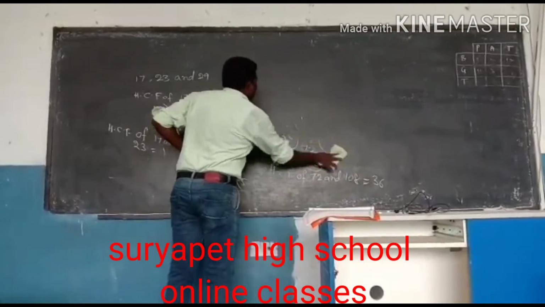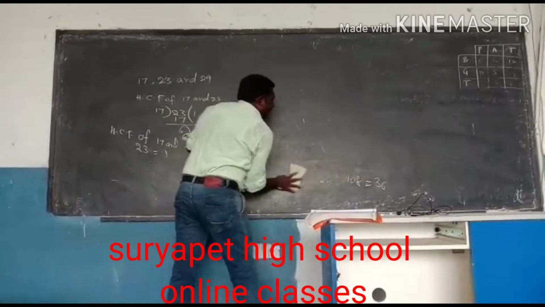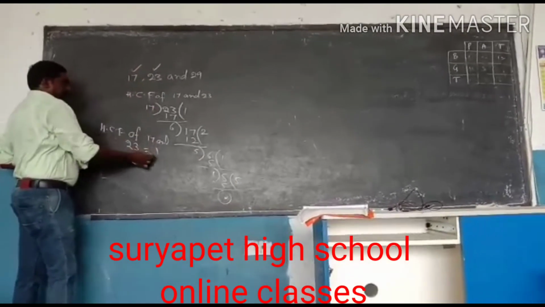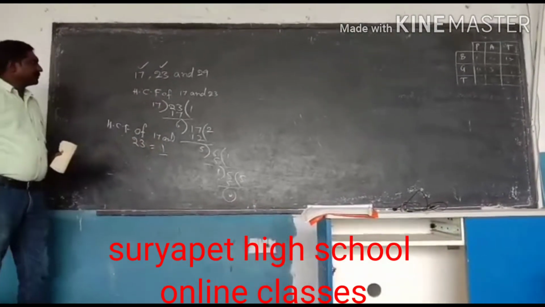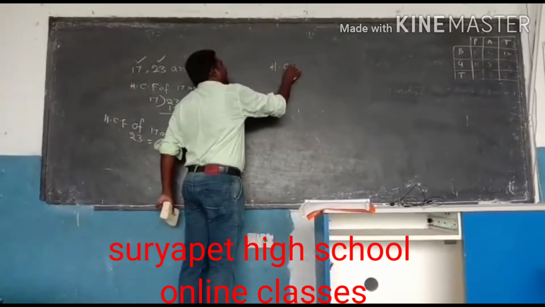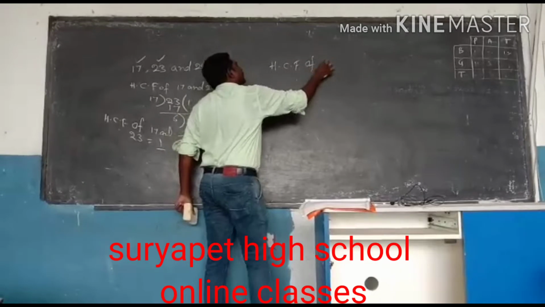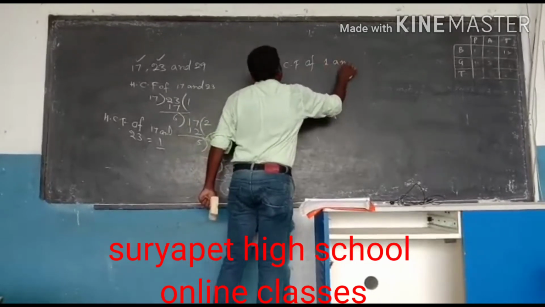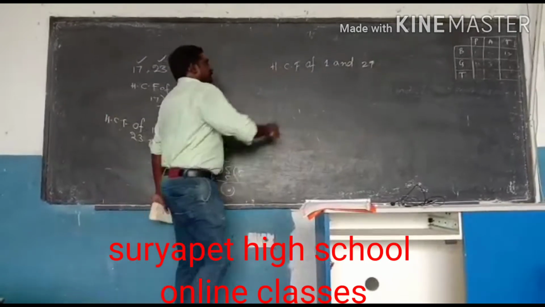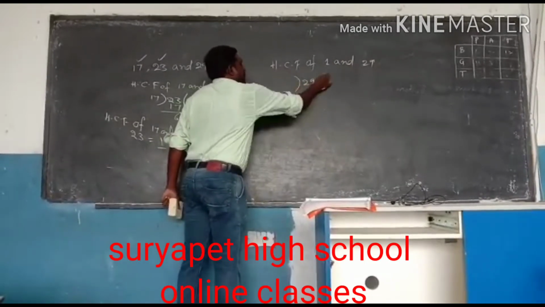Now, using the HCF answer of the first 2 numbers, 17 and 23, we get the answer 1. Using this HCF answer, again we want to do the HCF of 1 and 29. 29 is the biggest value.